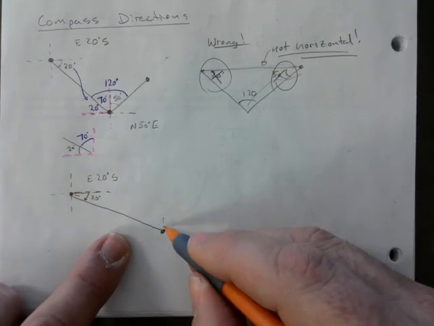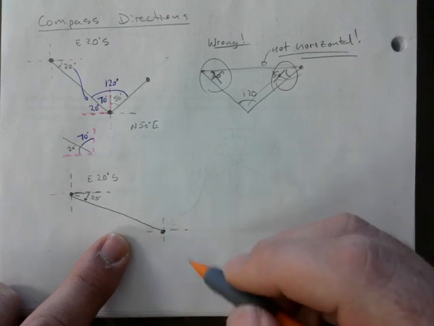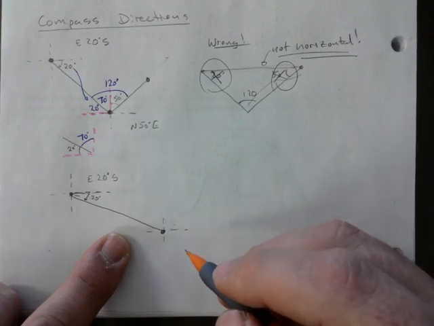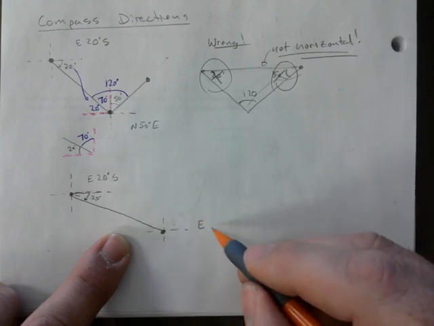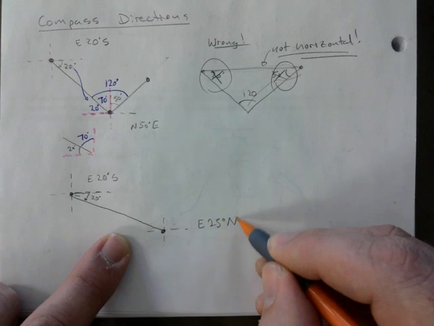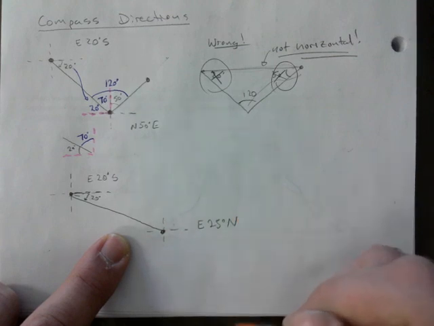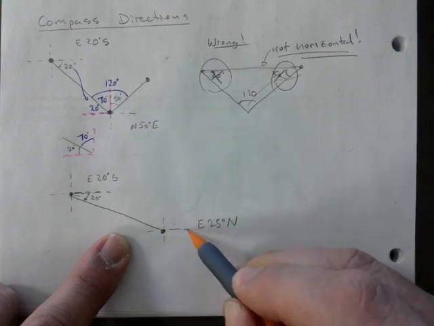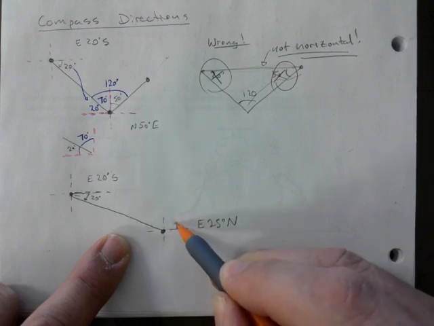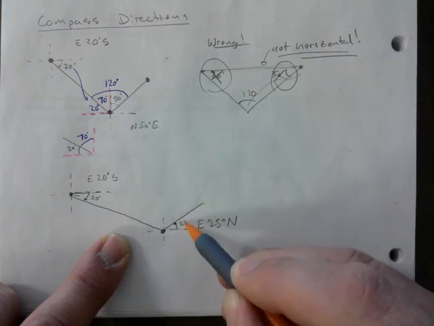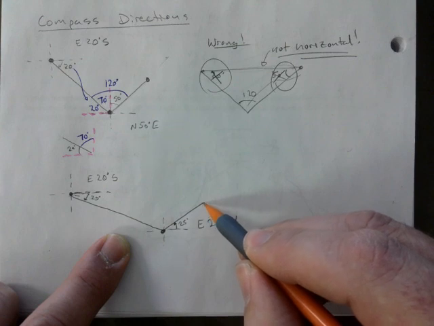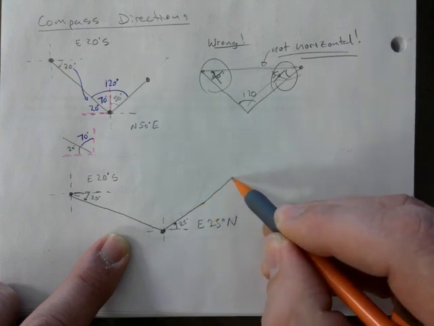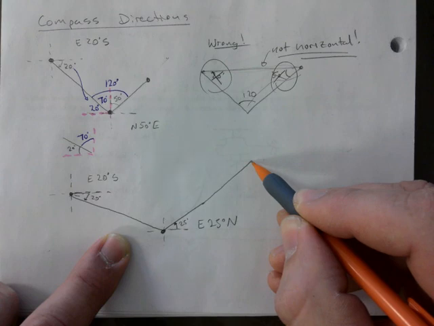Then we turn, we're given another compass direction, and let's say this time it's east, 25 degrees north. East, 25, so that means that we would go like this, 25 degrees towards north, and then we travel. And remember, you owe me $5 if you get this wrong, right? You will go past it. In this case, I'll just go way past.